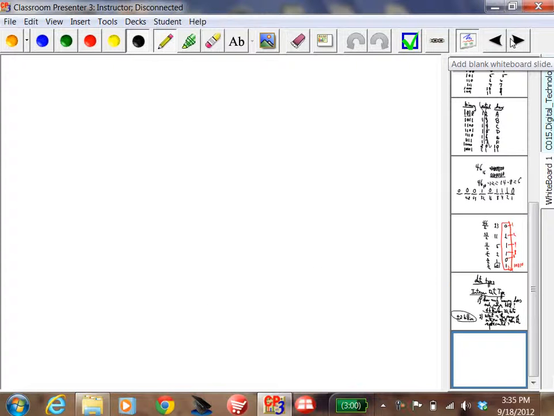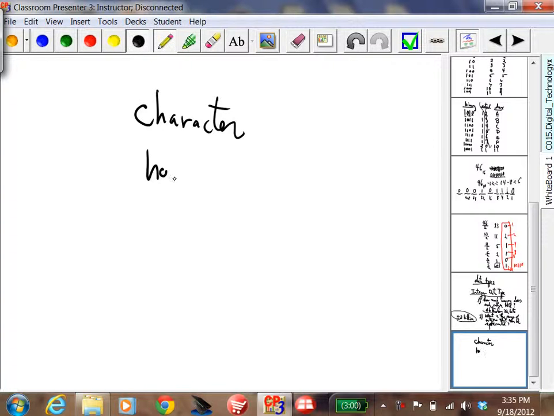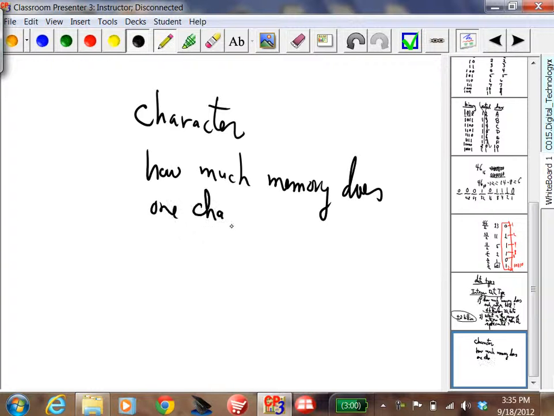Next data type is character. What I want you to know about a character data type. Same stuff. How much memory does it take? Again, you're going to answer in bits or bytes, right? What's the answer? 1 byte, yeah, or 8 bits.